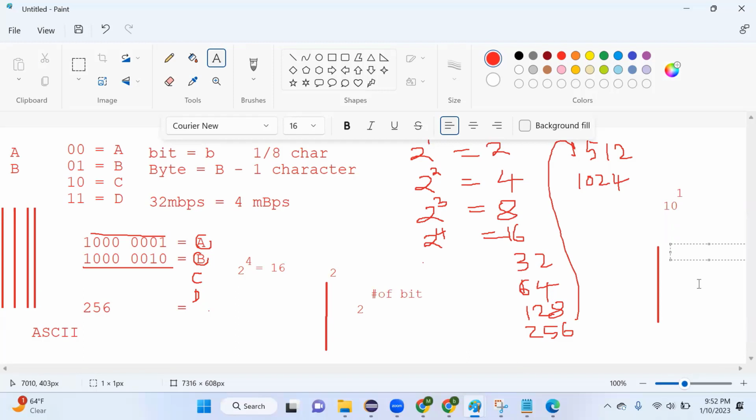For 2 decimal digits, how many variations can I have? 0 to 99, how many? 100. That means 100 permutations I can have, right? How does it come? For 2, it will be 10 times 10, 10 to the power 2.